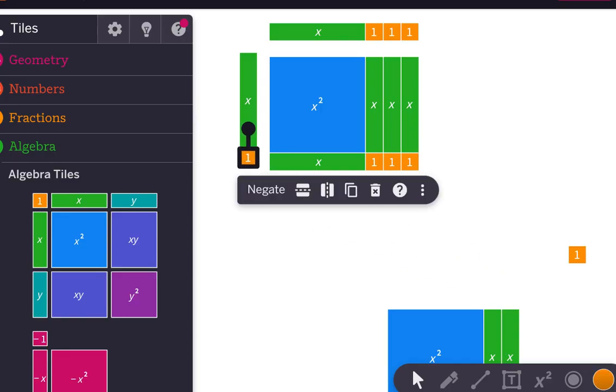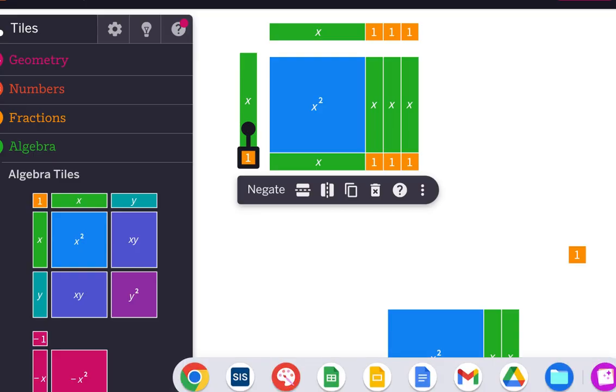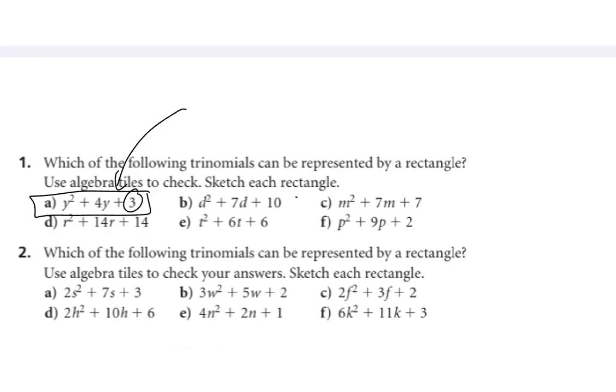Okay? So I'm one step further, the two factors that multiply out to create y squared plus 4y plus 3 is going to be, sorry, I'm in x mode, y plus 3 and y plus 1.